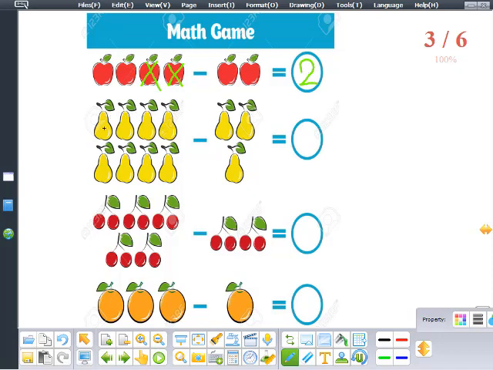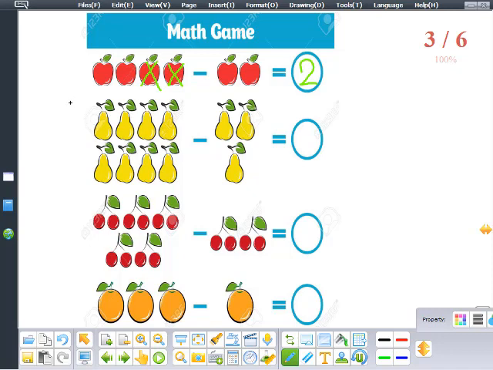Well, here we have some pears too. 1, 2, 3, 4, 5, 6, 7, 8. How many pears are here? They are 8. 8 pears.